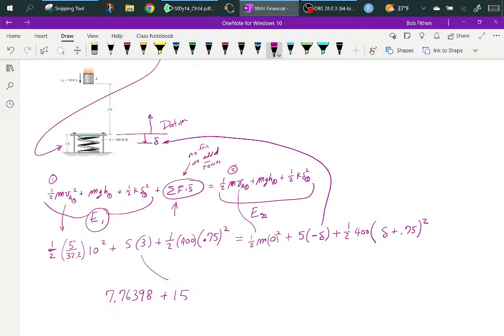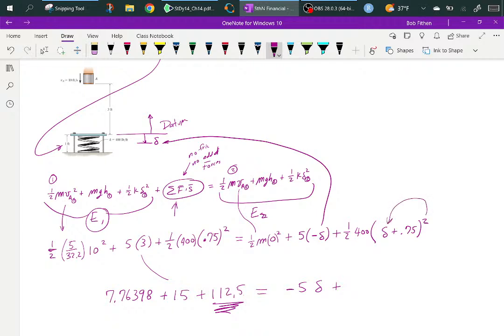Okay, it's going to get mad about that. So I'll shrink it together and do that. Plus 112.5. So there's quite a bit of energy in that spring already. Minus 5 delta plus, okay, it's that squared.